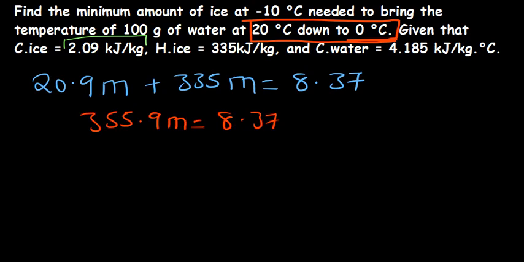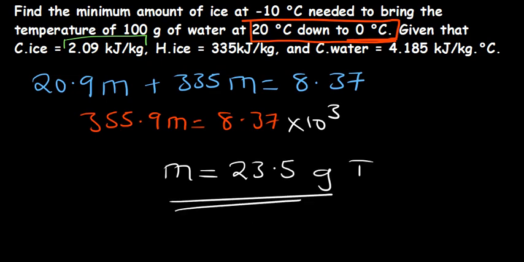That means we can just multiply by 10 to the power 3, and then our m becomes 8.37 multiplied by 1000 divided by 355.9. So the mass is 23.5 grams of ice. This is the amount of ice that will be required to gain the energy that is going to be lost by the water that is cooling.